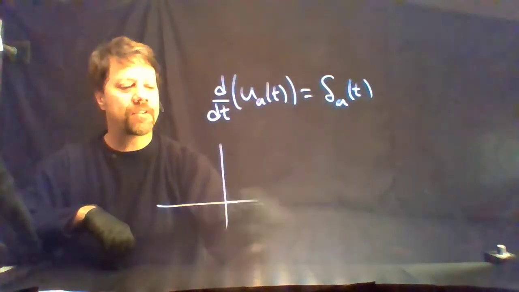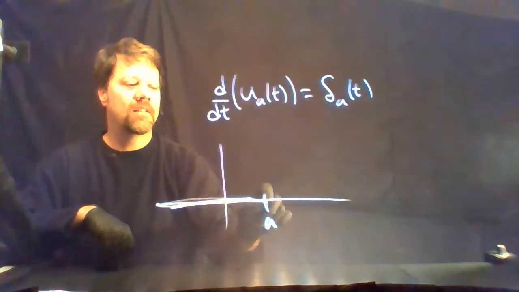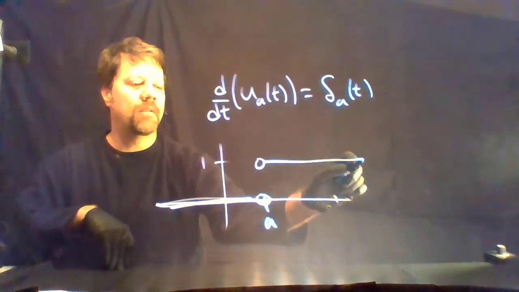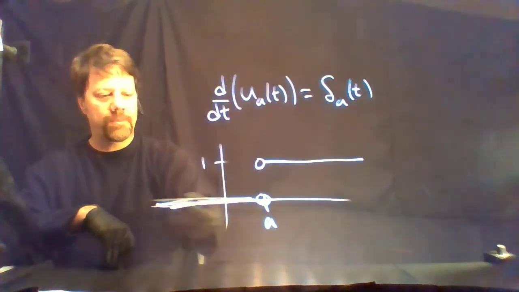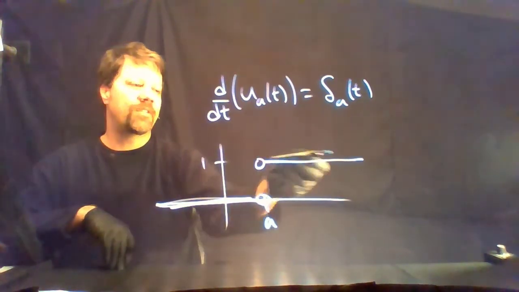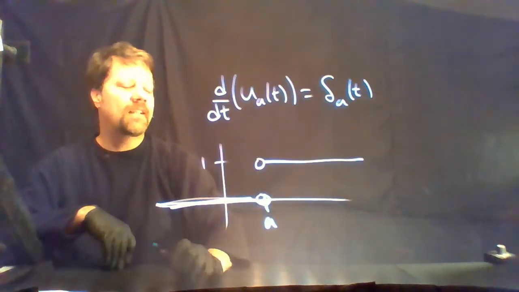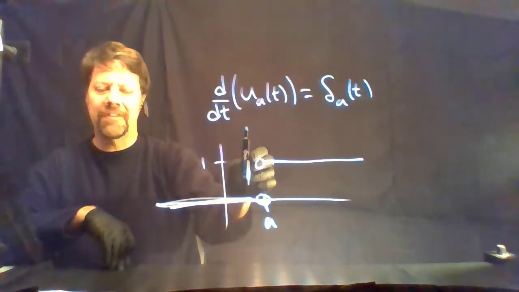The unit step function looks like this. Until you get to a, it does nothing. After you get to a, it has a height of 1. What is the slope of this function? Well, the slope is going to be 0 on the left and 0 on the right. The only place where you get something undefined is at t equals a, where the slope appears to be infinite.